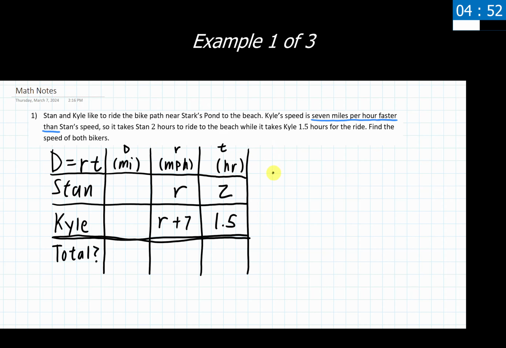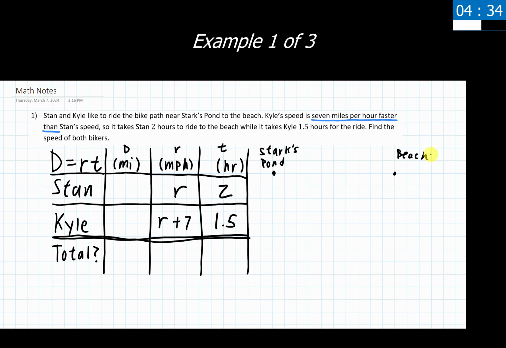So I'm going to start here, and you're going to see my art skills on full display. And this is about the extent of what you would need to do. So we're starting at the pond, and then we have the beach that they're traveling to after that.